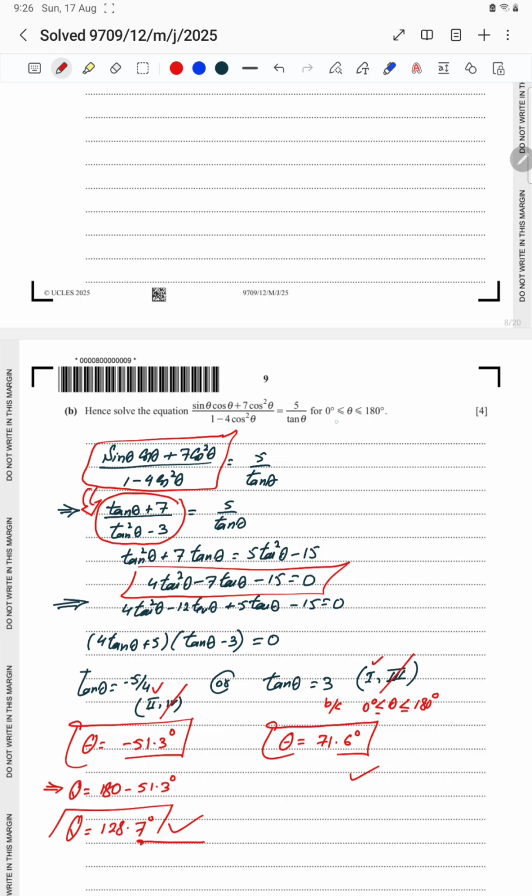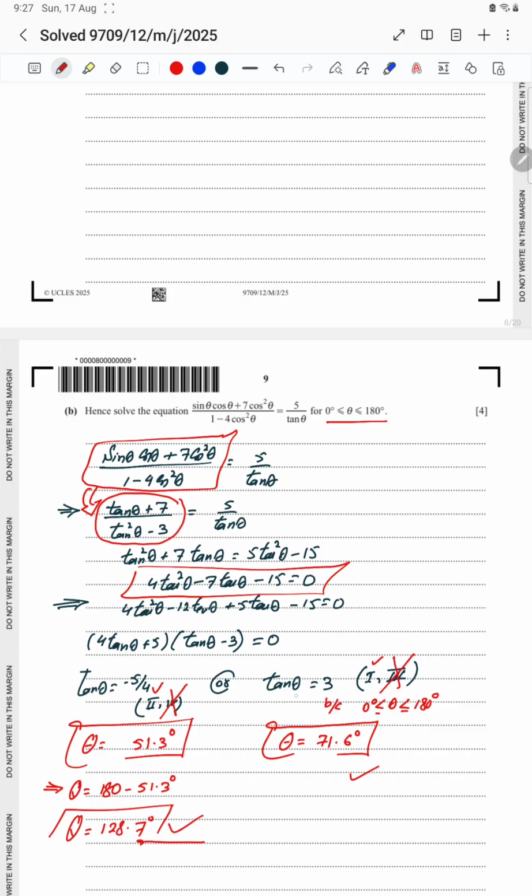It is given that the domain of theta is from 0 to 180. Negative sign indicates that it's lying in the second or fourth quadrant. Positive shows the first and third quadrant. As the range is from 0 to 180, I will cross out the third and fourth quadrant, because the value will not fall in either of these two quadrants.